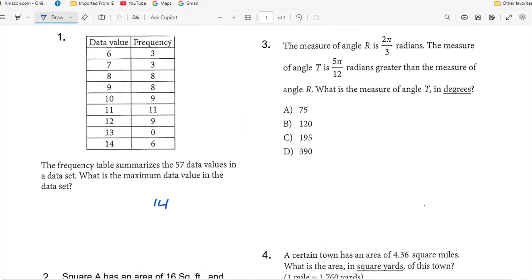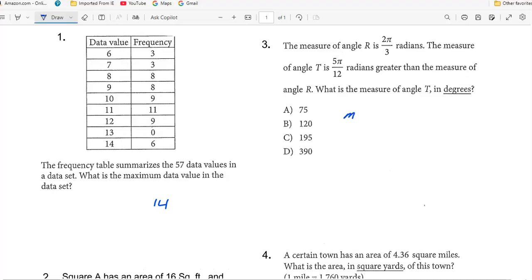For the third one here, give it a try. So the measure of angle R is 2 pi over 3 radians. The measure of angle T is 5 pi over 12 radians greater than the measure of angle R. So the measure of angle T is this much more than the measure of angle R. So what is the measure of angle T?